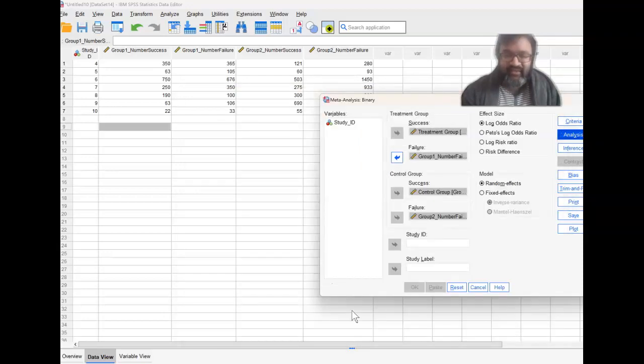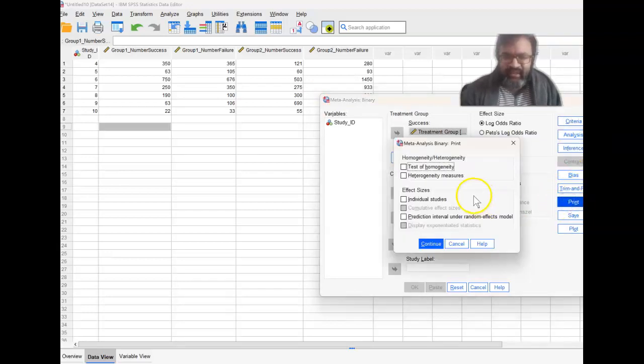So let's select continue here, and we don't have that in this situation. You can go to print. There's, for instance, test of homogeneity, heterogeneity measures, effect size. Here's the effect size of studies.